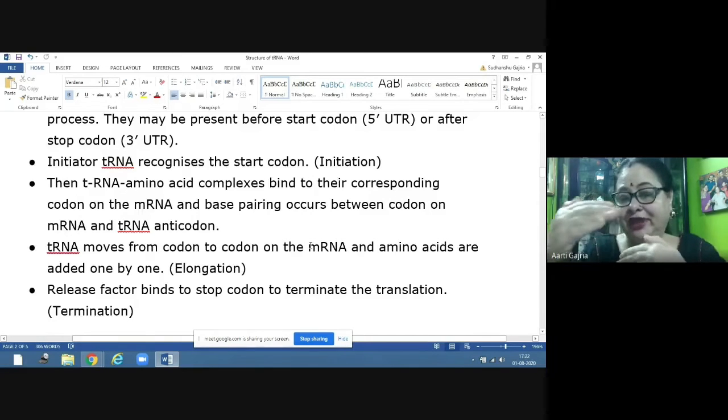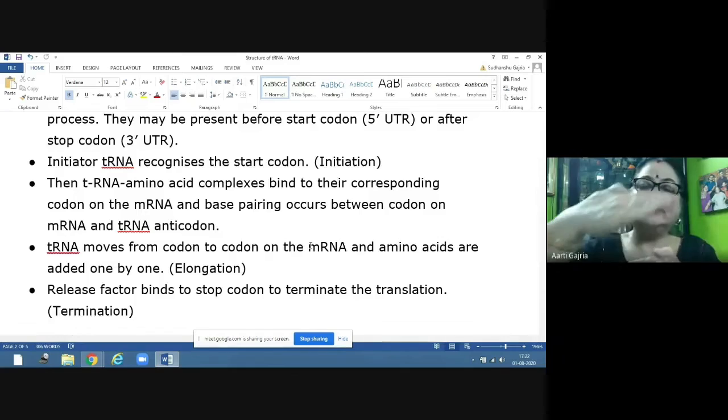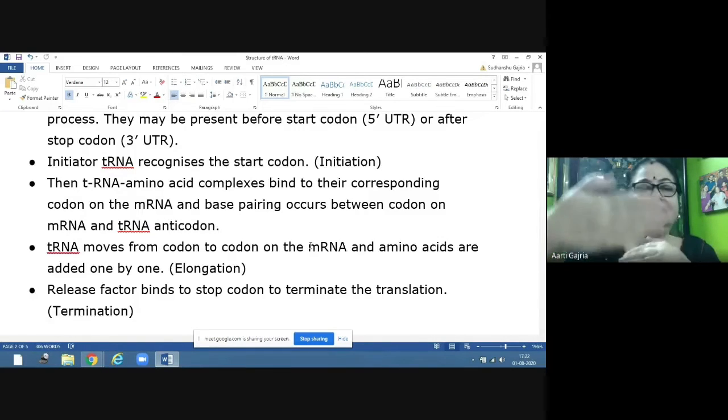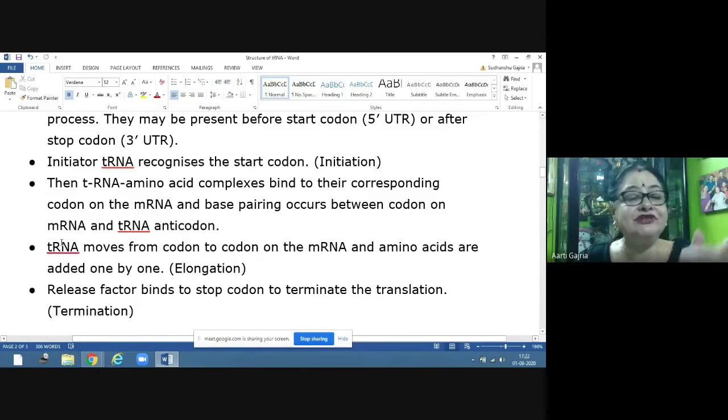Here the base pairing will occur between messenger RNA and transfer RNA. Messenger RNA has the codon and the anticodon is present on the transfer RNA. So complementary base pairing will take place between messenger RNA and transfer RNA. Transfer RNA moves from codon to codon on the messenger RNA.